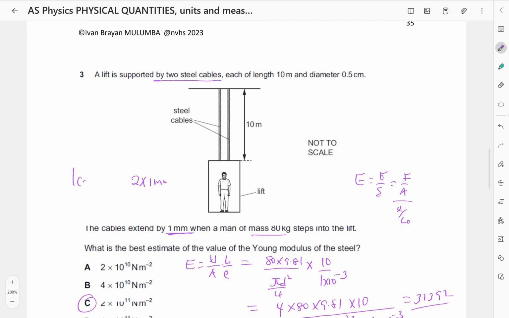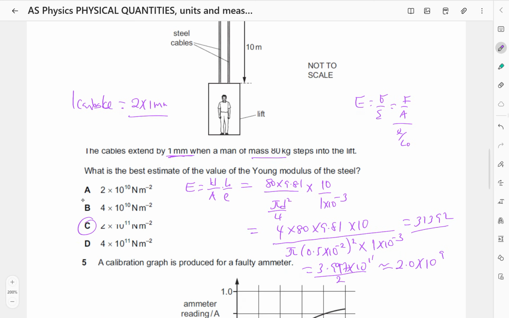That is for one cable. To find the Young modulus, you use one cable. So the extension of one cable will be equal to 2 millimeters. That's why I'm dividing there by 2.